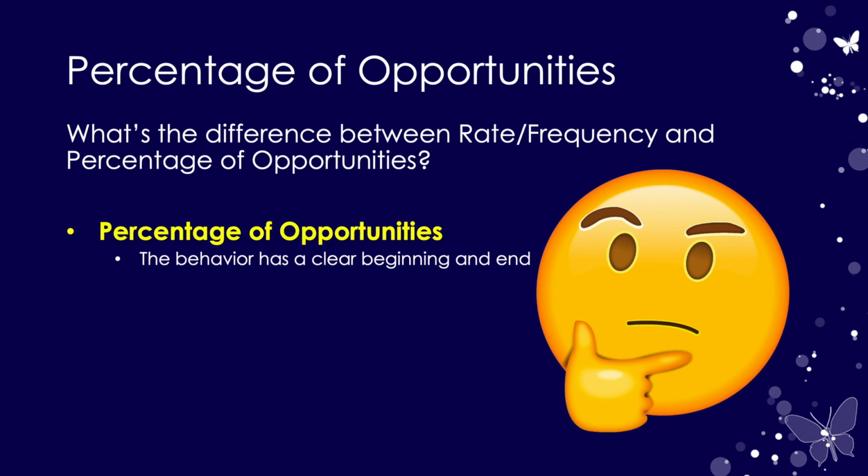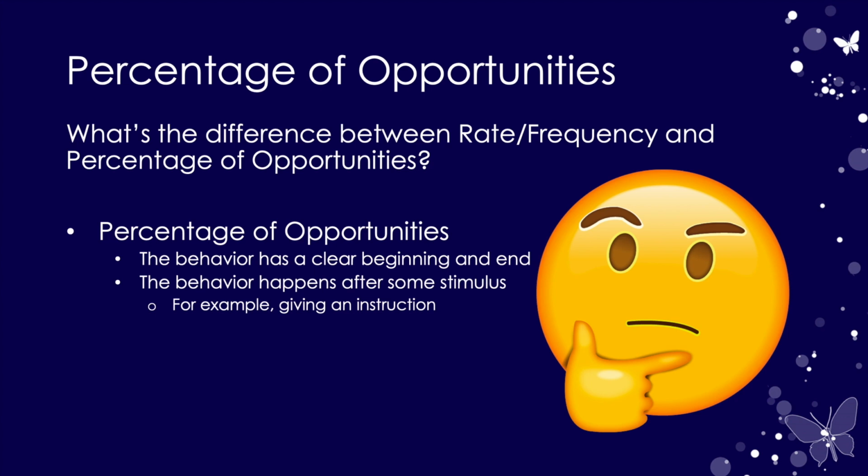Now, let's compare it to percentage of opportunities. We use percentage of opportunities to measure behaviors that have a clear beginning and end, same as rate/frequency. However, percentage of opportunities differs from rate/frequency because we use percentage of opportunities to measure a behavior that happens after some stimulus, for example, giving an instruction.